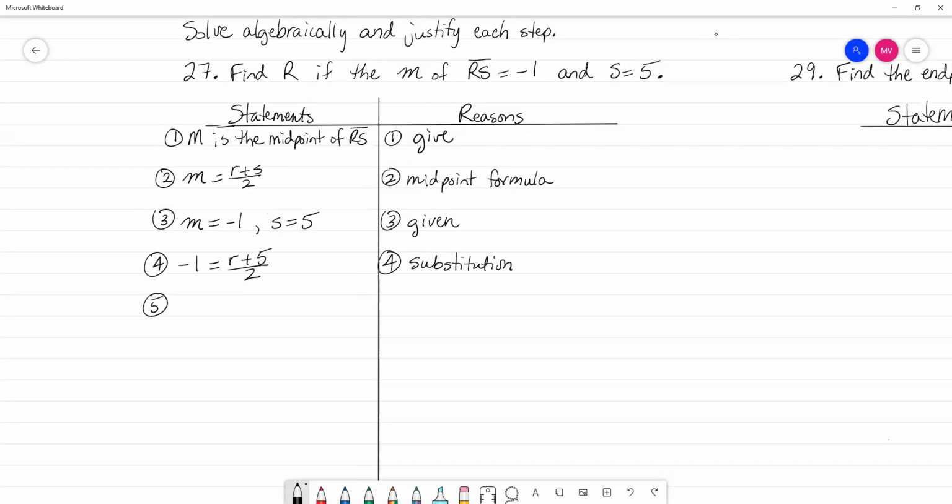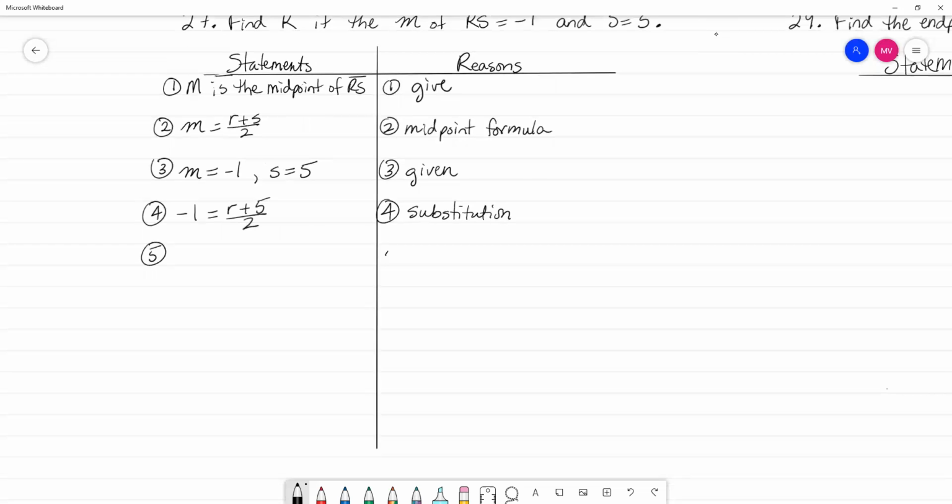Now we're solving the algebra portion of this. The first thing we have to do when we solve this is use reverse order of operations, which means we undo the division first. So we divide both sides by 2 to get rid of this. That is the multiplication property of equality.